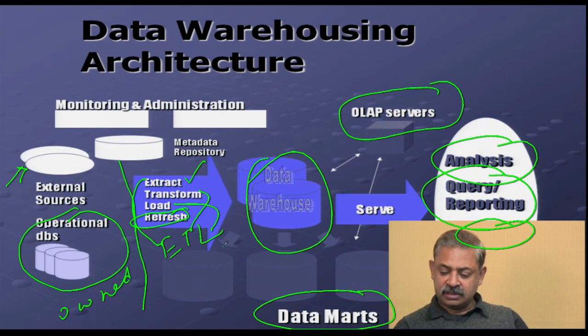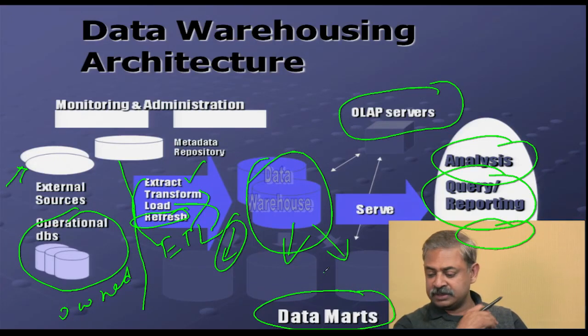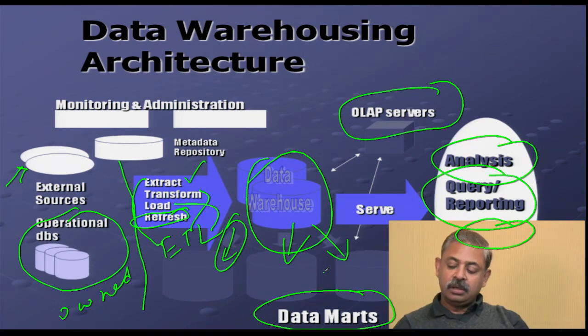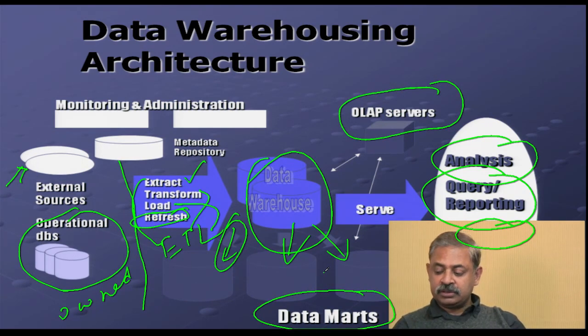And for data marts, you can see that arrows are pointing downwards. That means these data marts have been derived from the data warehouse, and this is a typical top-down kind of architecture for a data warehouse. We'll also be looking at a bottom-up architecture, wherein you first build the data marts.